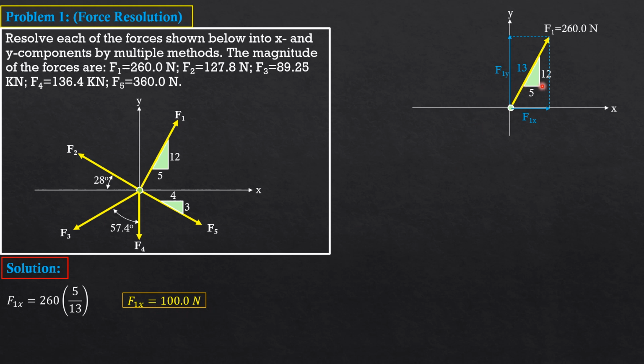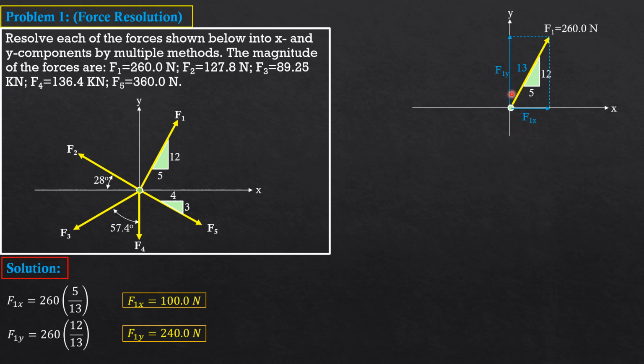F1y is magnitude of the force 260 times y component of distance divided by distance. So 260 times 12 over 13, and that is also positive. So 260 times 12 over 13, and that is equal to 240.0 newtons. That's the first way.